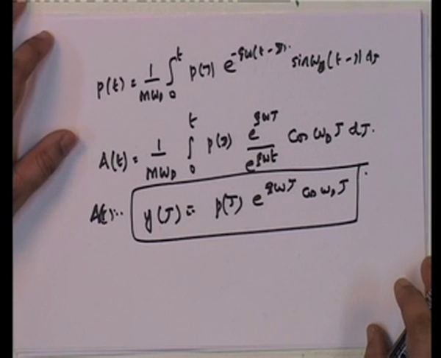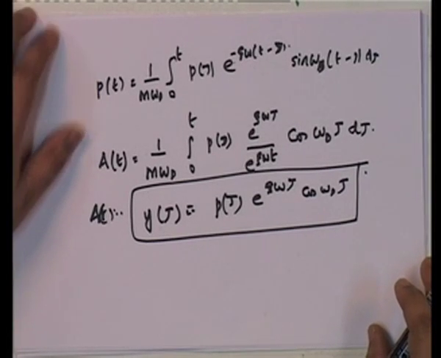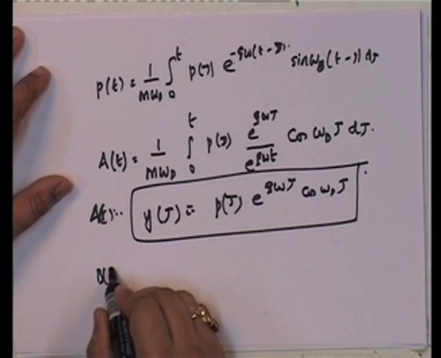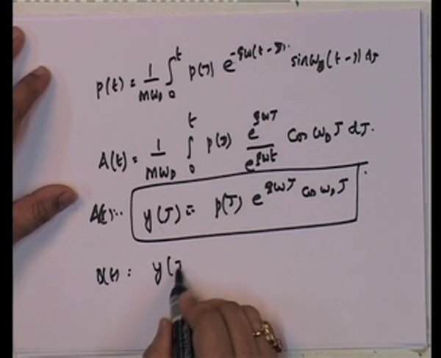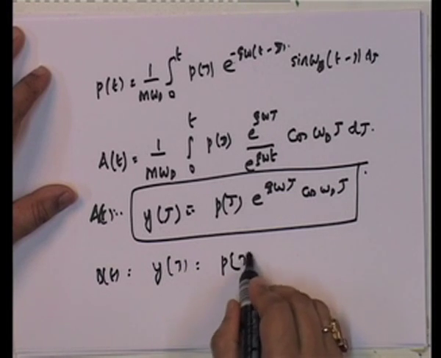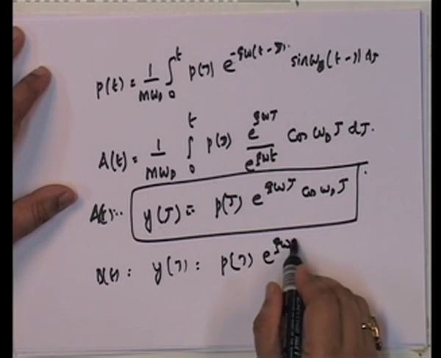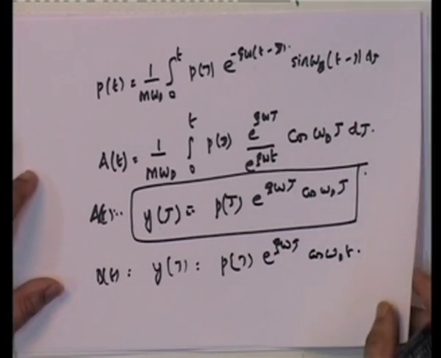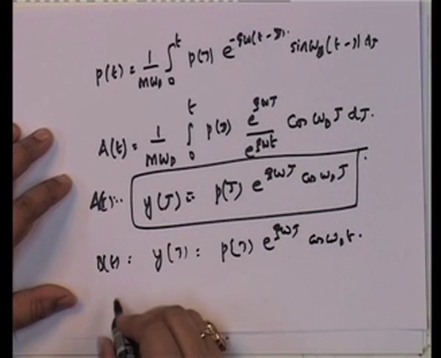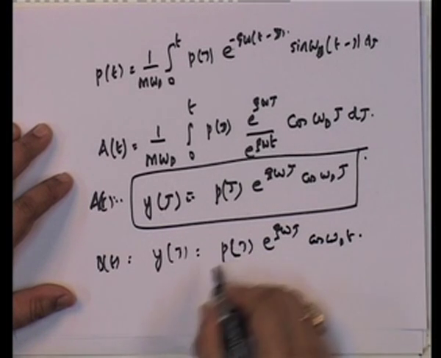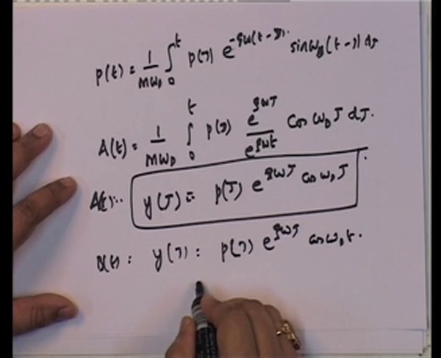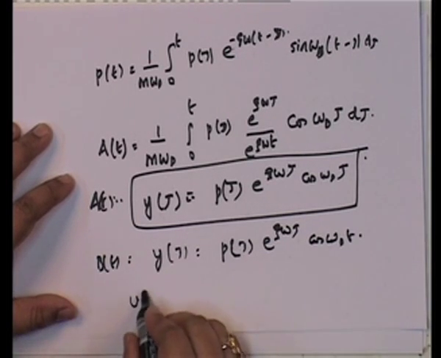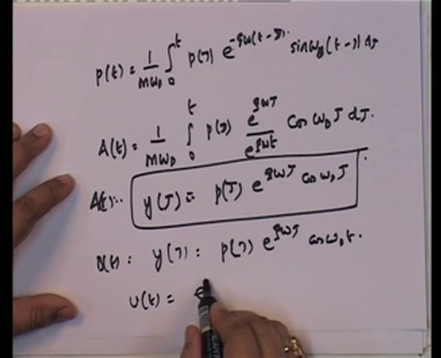As in a sense what we get is the following, and for B of t similarly, y of tau is equal to p of tau e to the power of xi omega tau, with sine omega d tau. Ultimately, if I rewrite this and put the summation as 1 upon m, then outside on V of t I can put it in this fashion.